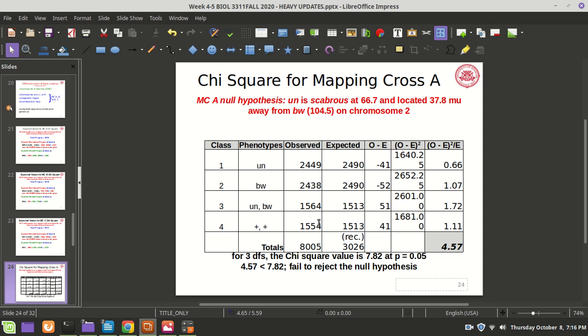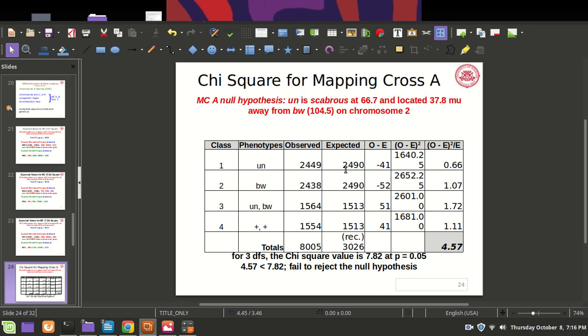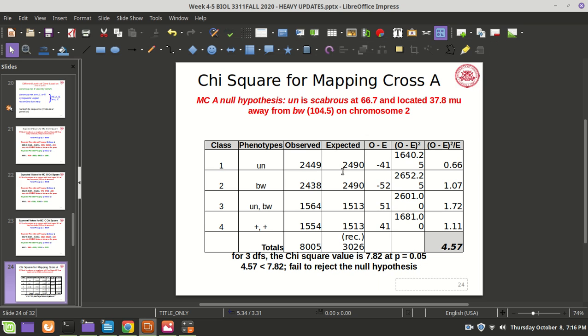You did not reject it, so you accepted it. Then what did you accept? Well, we accepted that these two are the same number. In other words, our null hypothesis was that the observed and the expected were the same.